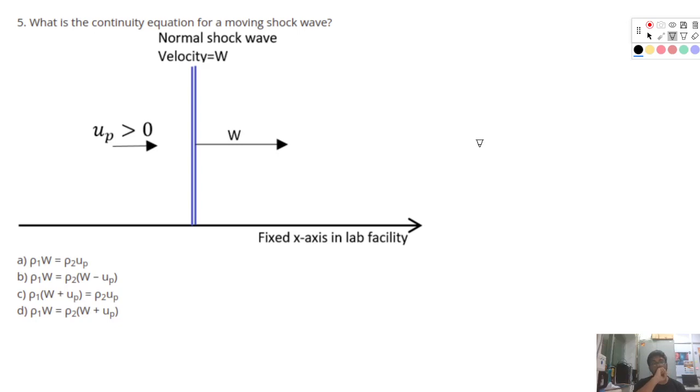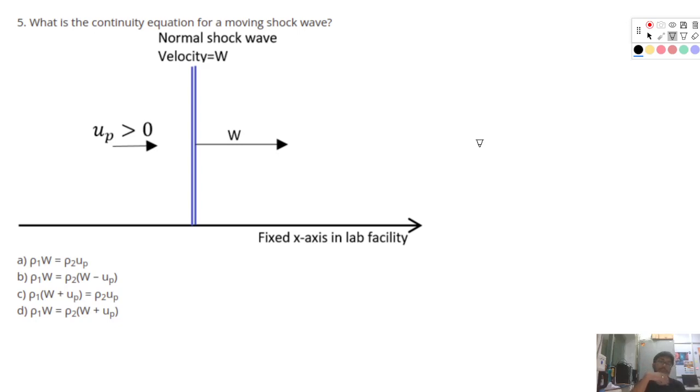Now when you are a lab observer, you say that the shock has some velocity, but the medium in which the shock is propagating is stationary.